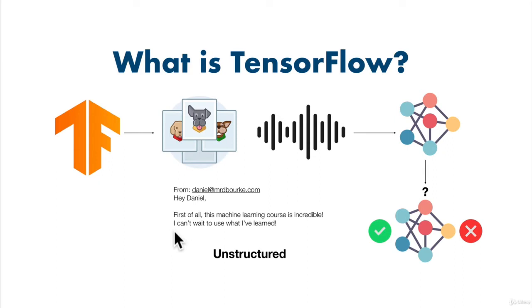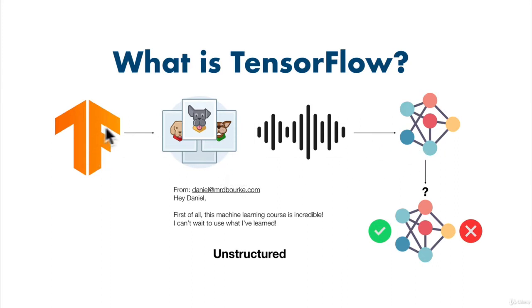TensorFlow is used to build deep learning and neural network models to gain insights out of unstructured data. Now, in the previous projects, we've dealt with data that's available in a data frame, so something that looks like an Excel spreadsheet. It has rows and columns. But deep learning is more suited to unstructured data, such as photos or audio waves or natural language text, data that doesn't really have any specific structure.